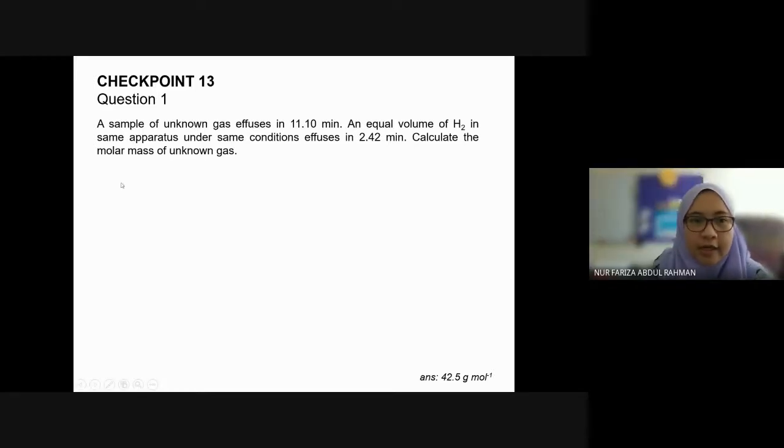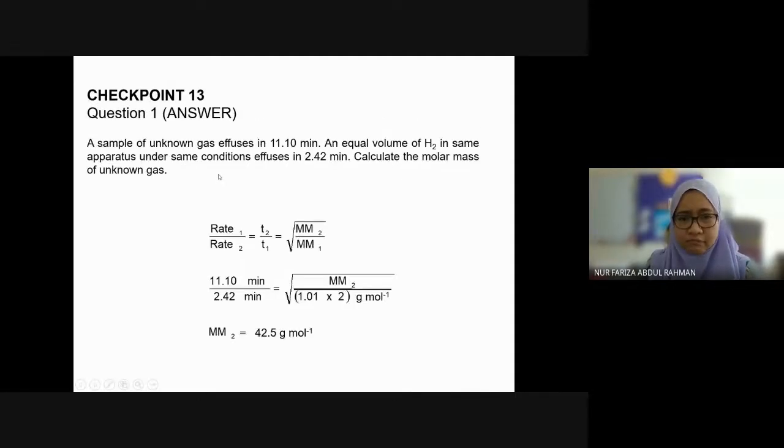Okay, alright, so let's go through the question first. A sample of unknown gas effuses in 10 minutes and an equal volume of H2 in the same apparatus under the same condition effuses in 2.42 minutes. Calculate the molar mass of the unknown gas. The question is more or less similar. The information is given in terms of time and also molar mass.